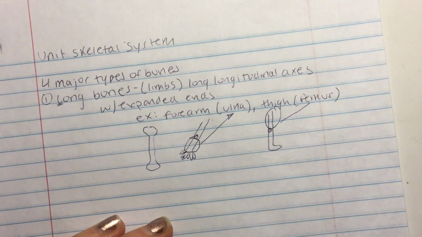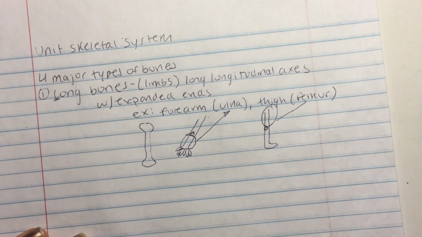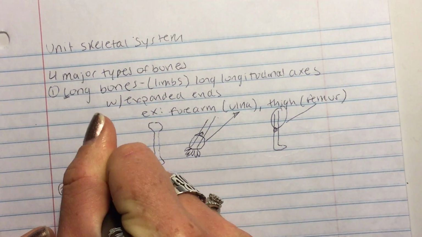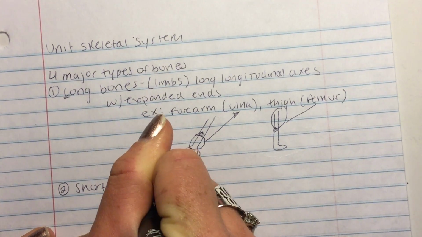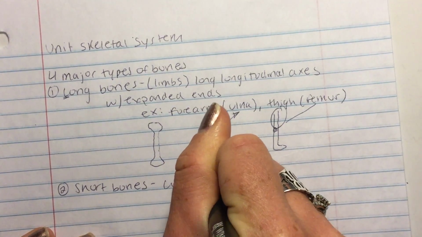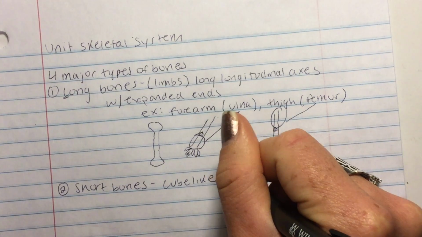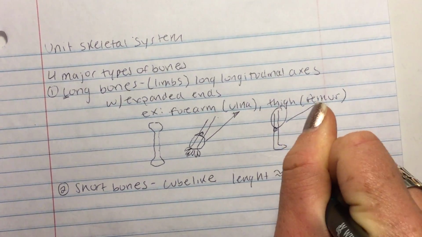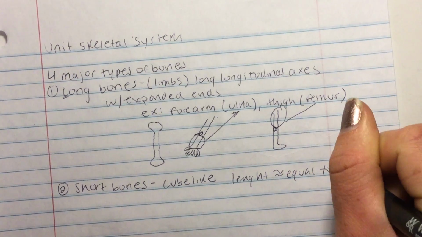Okay, so number 2 is short bones. And these are cube-like bones. Their length is about equal to their width.